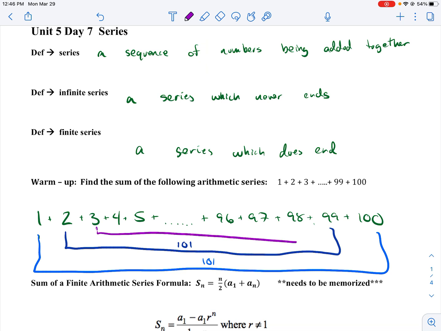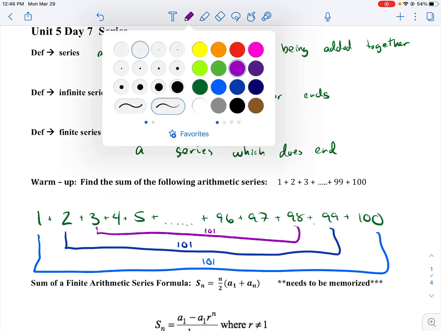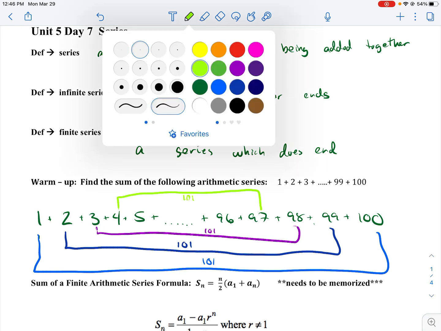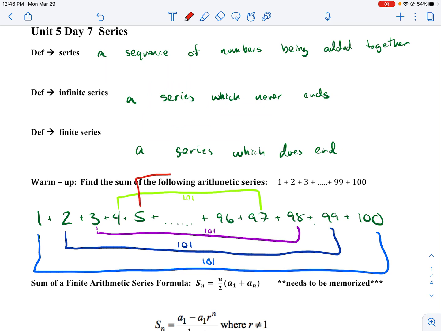What about 3 and 98? Add those together. That's also 101. All right, 4 and 97, 101. 5 and 96, 101. Okay? Hopefully you're starting to see the pattern, right?